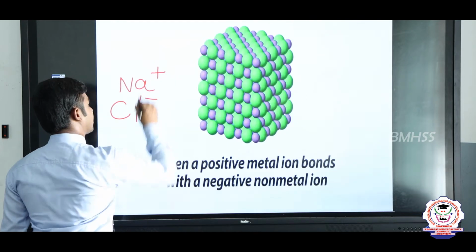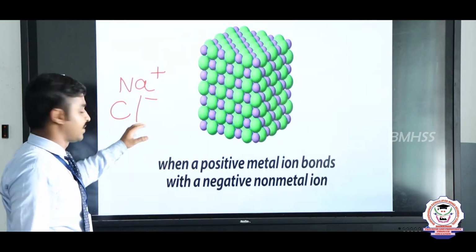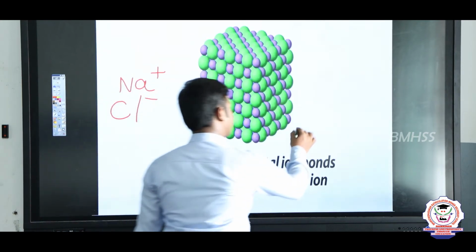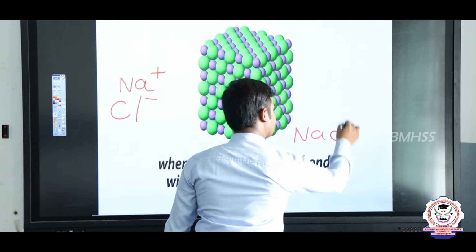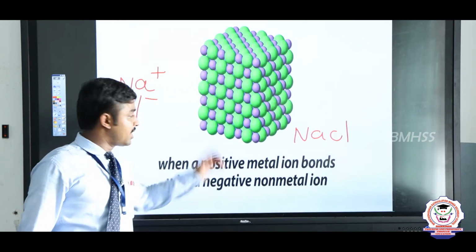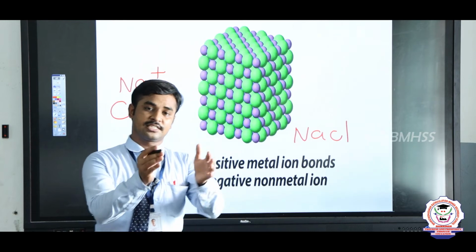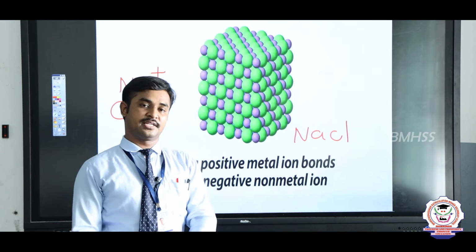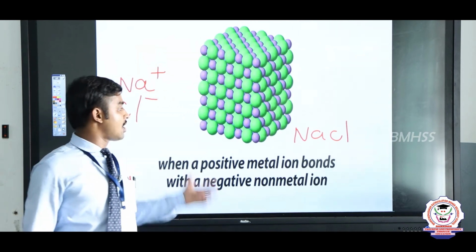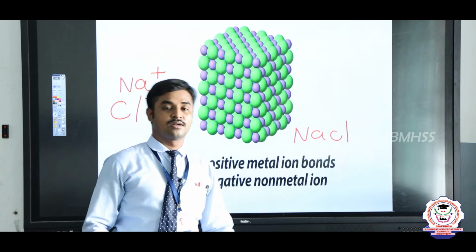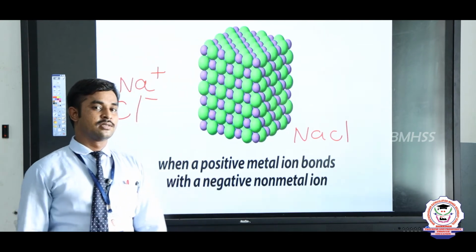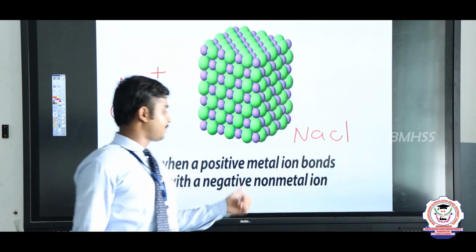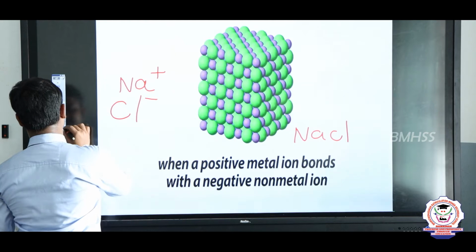The ionic forms are Na plus and Cl minus, and both combine to form the NaCl crystal. Note one point: when a non-metal reacts with a metal, it forms a crystal structure, and that compound contains an ionic bond. Metal and non-metal combine only by ionic bond. Let us see the next point.